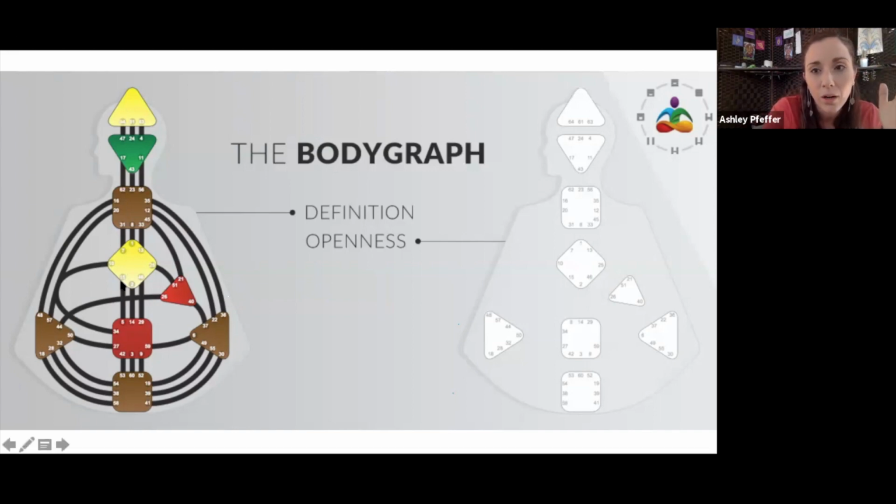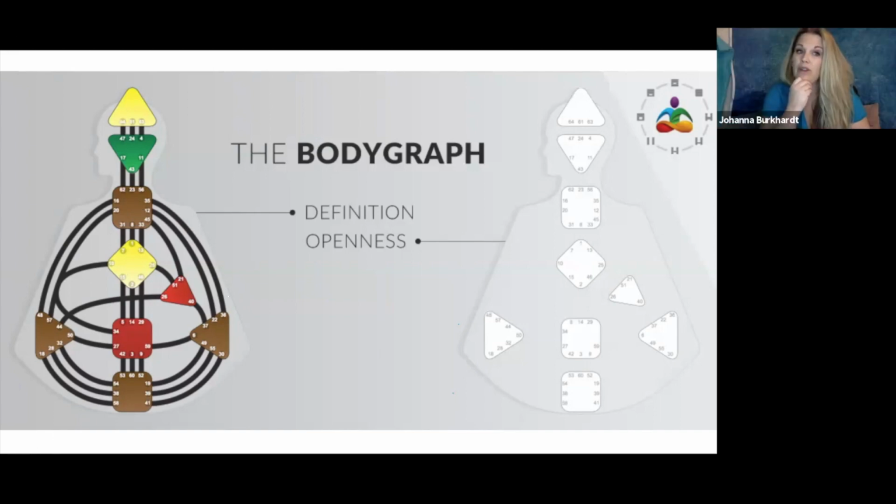This is more, did you want to say something, Johanna? Yeah, because I wanted to bring in something that we're doing in Reset and Reclaim, which is the codependency piece. And if you identify as an empath, if you identify as somebody that feels that codependent energy sometimes, that you depend on something outside of yourself, whether it's a person, place, or thing, think about these centers and the centers you have open.